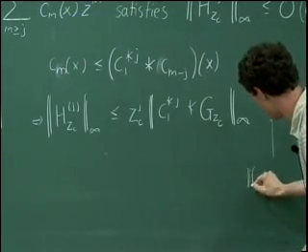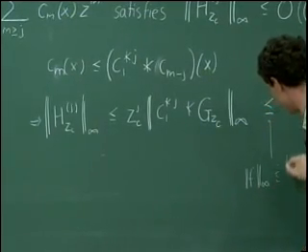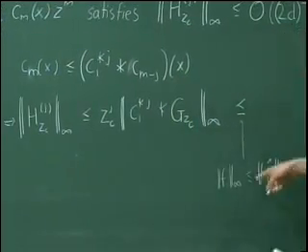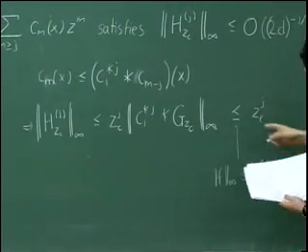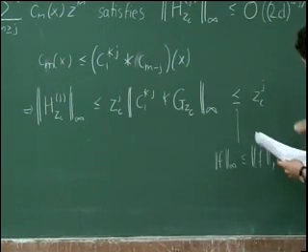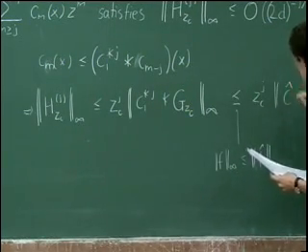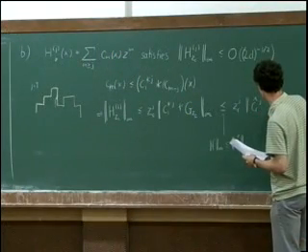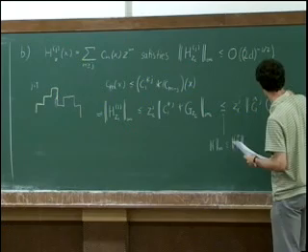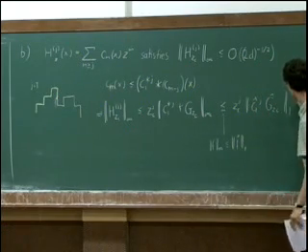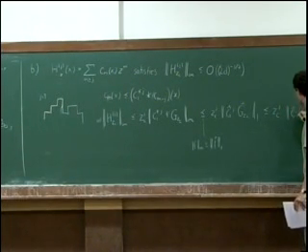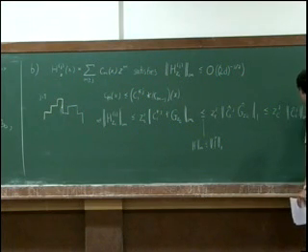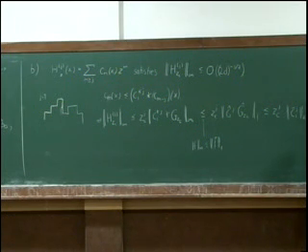So use that the f infinity norm is less than the f hat 1 norm to obtain that this is less than z_c to the power j times, and now we can apply Cauchy-Schwarz to get C_1 hat to the power j 2 norm times G_c hat 2 norm.